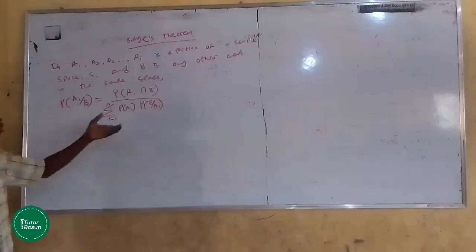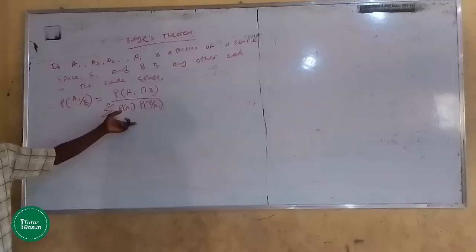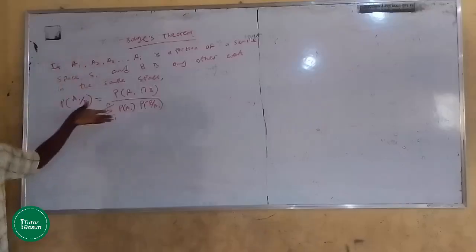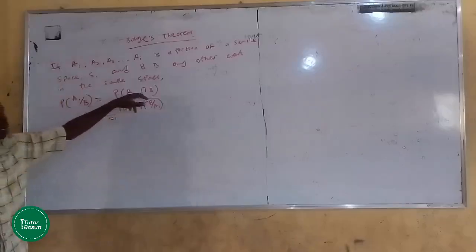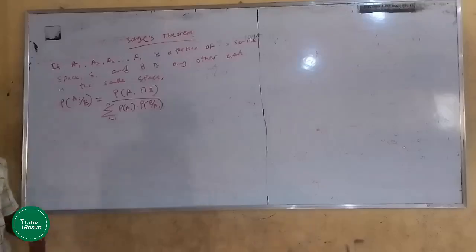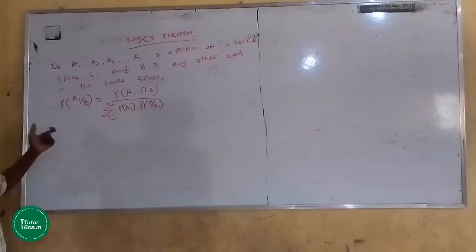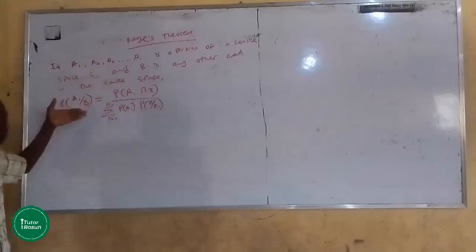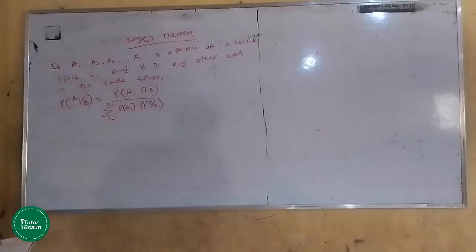So we just group everything together with the summation sign. And if you look at this very well, this is quite similar to our concept of total probability. So basically everything you're using to divide the numerator is your total probability, that is the total probability of B. So what this is telling you is that the conditional probability of a particular event given B is equal to that event intersection B over the total probability.